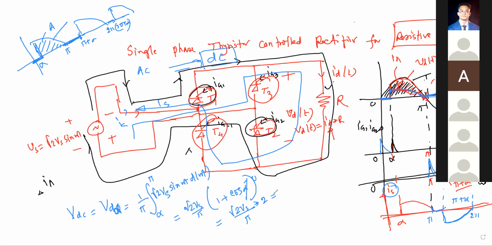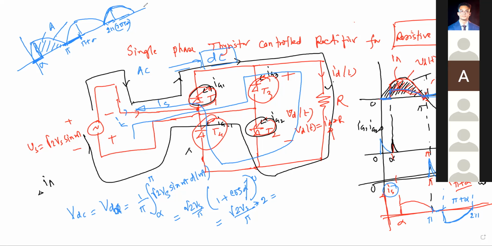The output voltage wave shape will be like this. It is same as the diode rectifier. Am I correct or not? If alpha equal to 0.